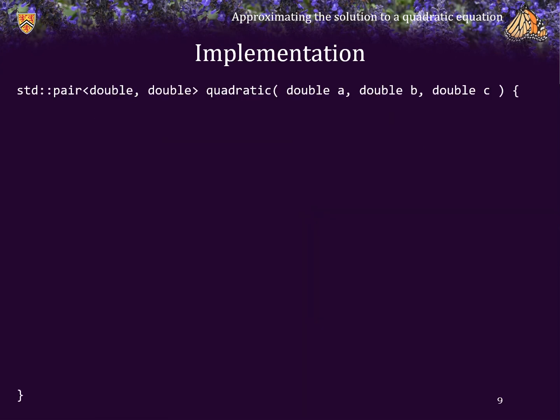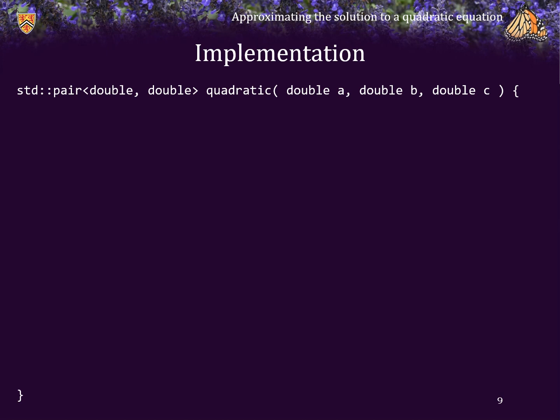Let's actually implement a function to return the roots of a quadratic equation. The arguments will be a, b, and c, which will be assigned to the parameters. And these will be the coefficients of x squared, x, and the constant coefficient respectively.